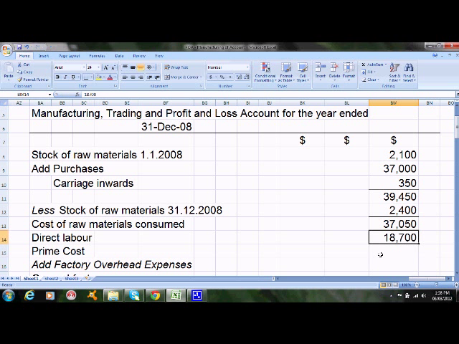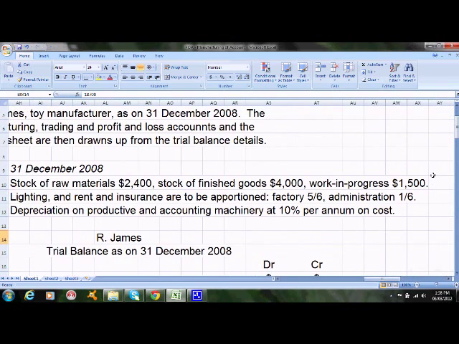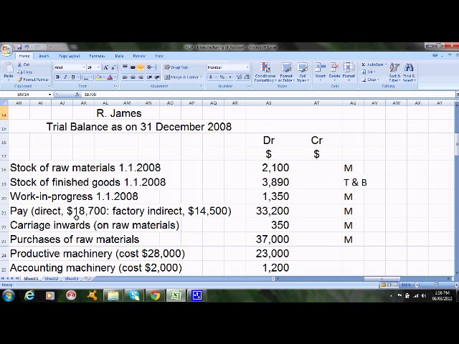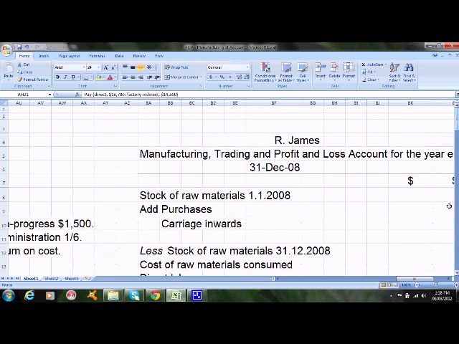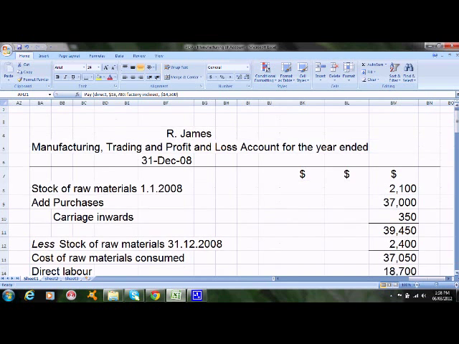And let me go back for clarity. That figure, friends, comes from this. See it right here. Pay direct 18,700. It comes from right there, friends. Alright, I said I wouldn't be going back there, but for peace sake I'm going back there.